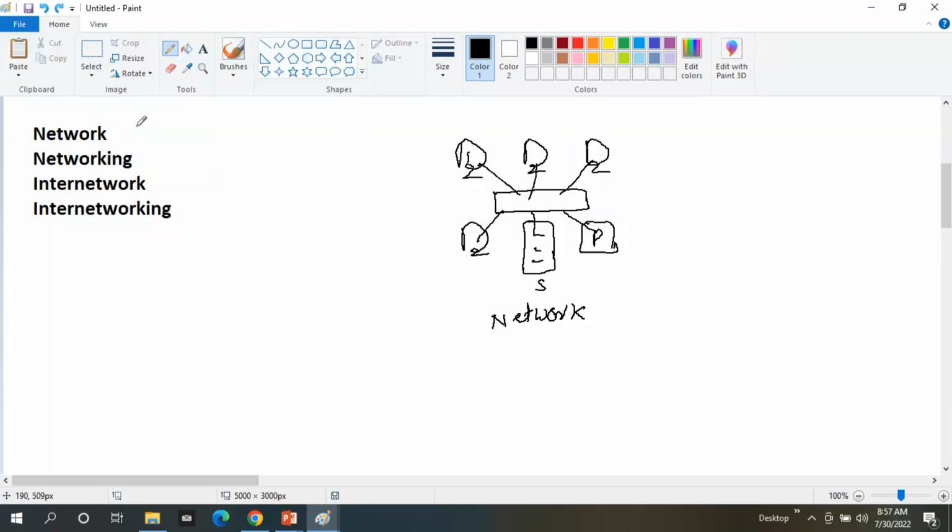What does network mean? Interconnection of two or more devices is called a network. Point number two, networking. Networking means the same interconnection of two or more devices, and on top of that, we enable communication. If communication is enabled between all these connected devices, we call it networking. Network means devices are just connected. Communication means PC1 can communicate with PC2, all devices communicating with each other.